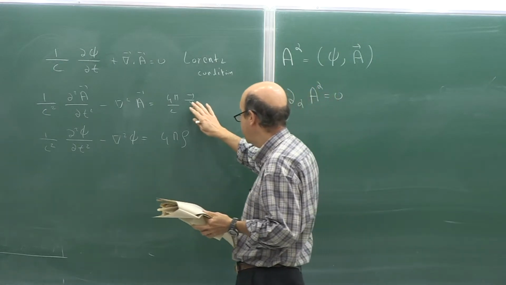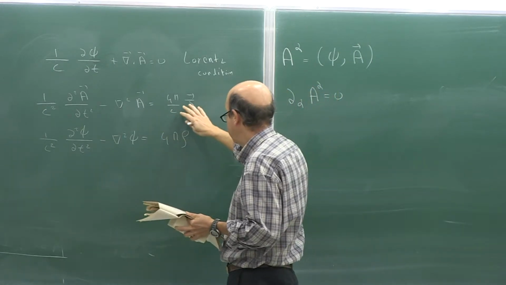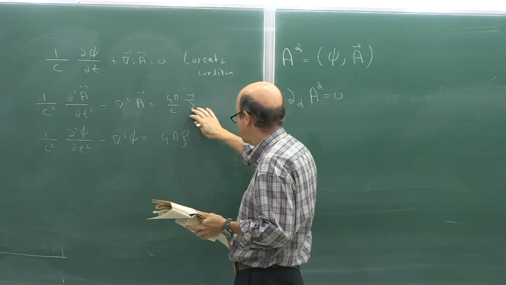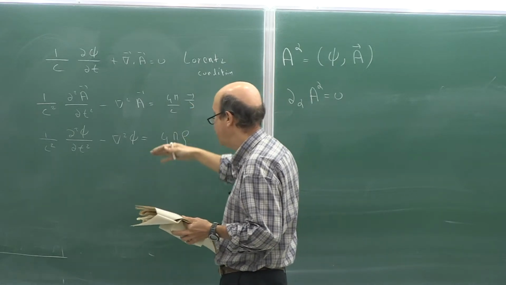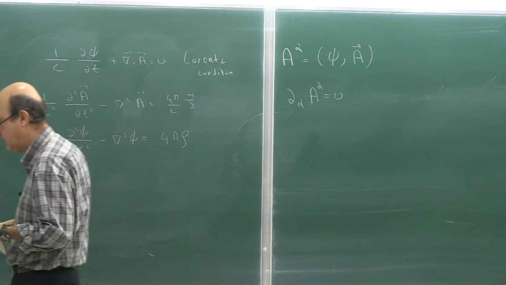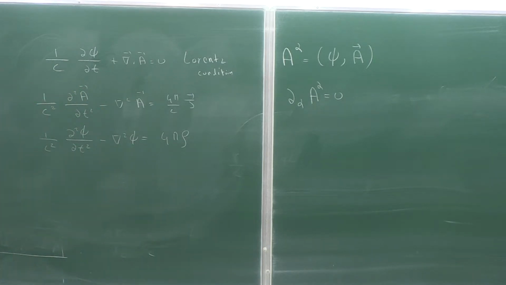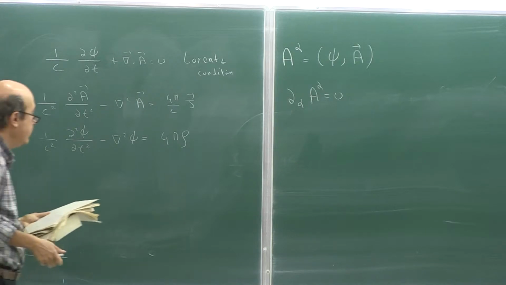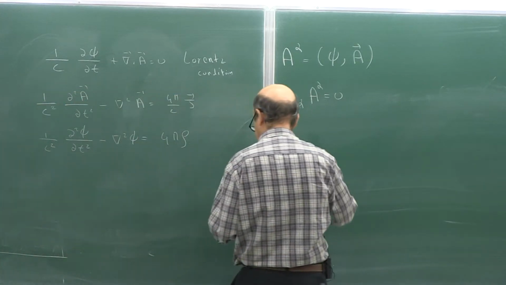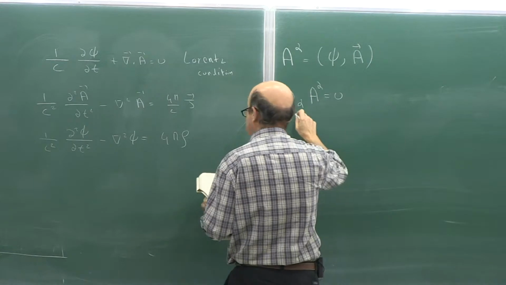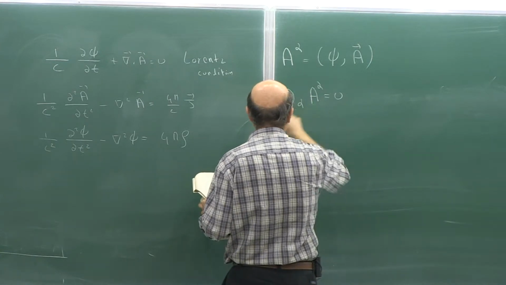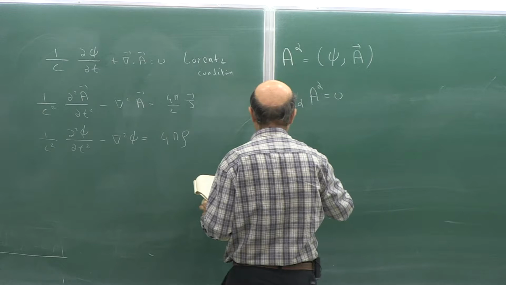If we have a non-homogeneous wave equation with source, current density and charge density, we know how to solve it. We have the tool of the Green's function, and we can solve the vector and scalar potentials very easily. And this tells us that the Lorentz condition is satisfied in all frames.